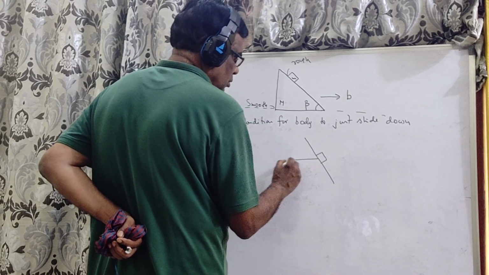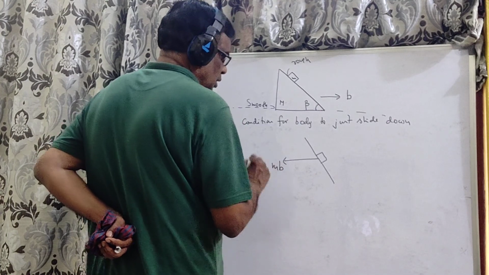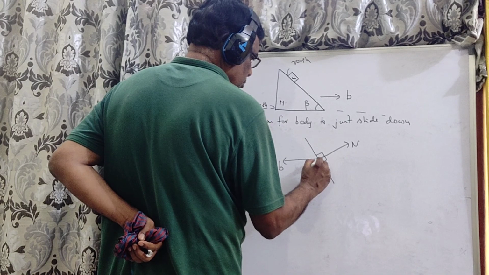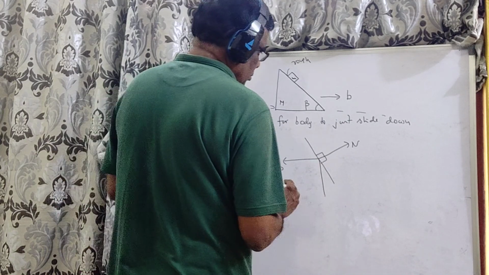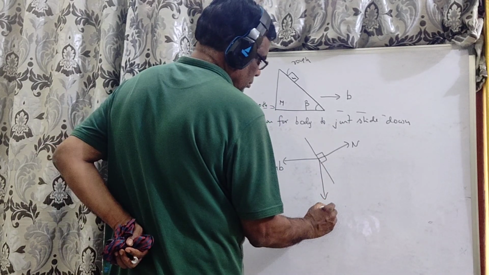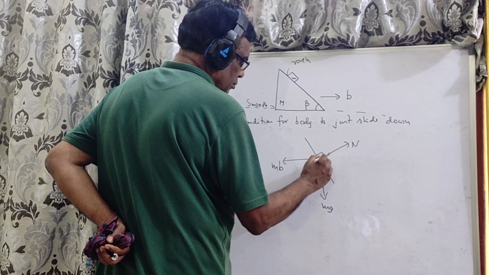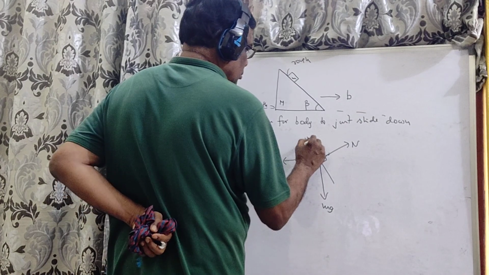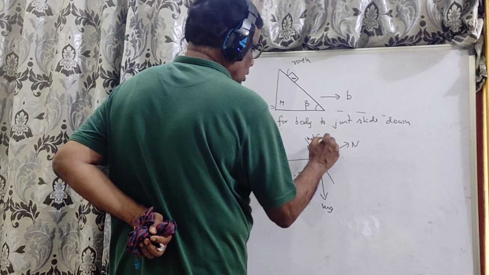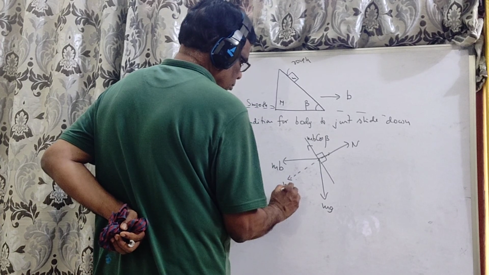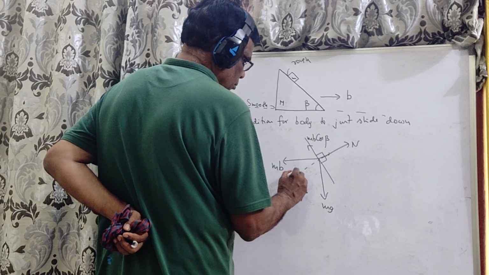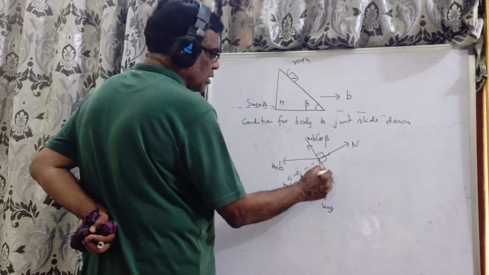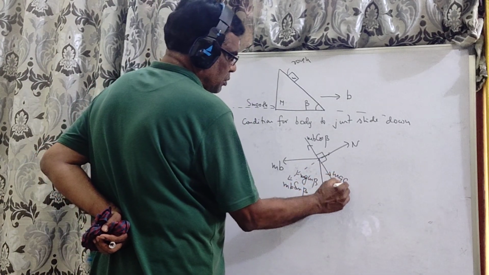With acceleration V, so the pseudo force is mV, the normal force, mg, mV cos beta. Yes, as usual you know how this becomes.